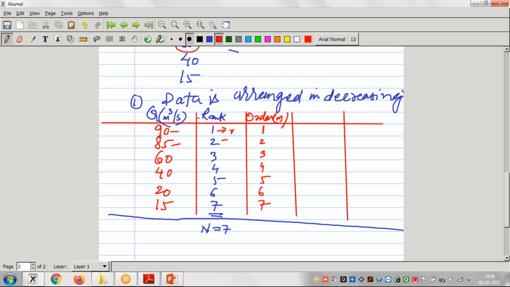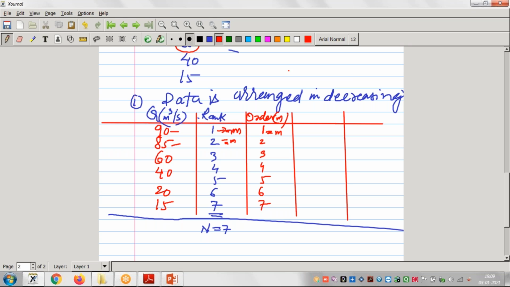You can say directly M is equal to 1, right? So you can say this M is equal to 1. Now, once we know the M value, we know the N value.